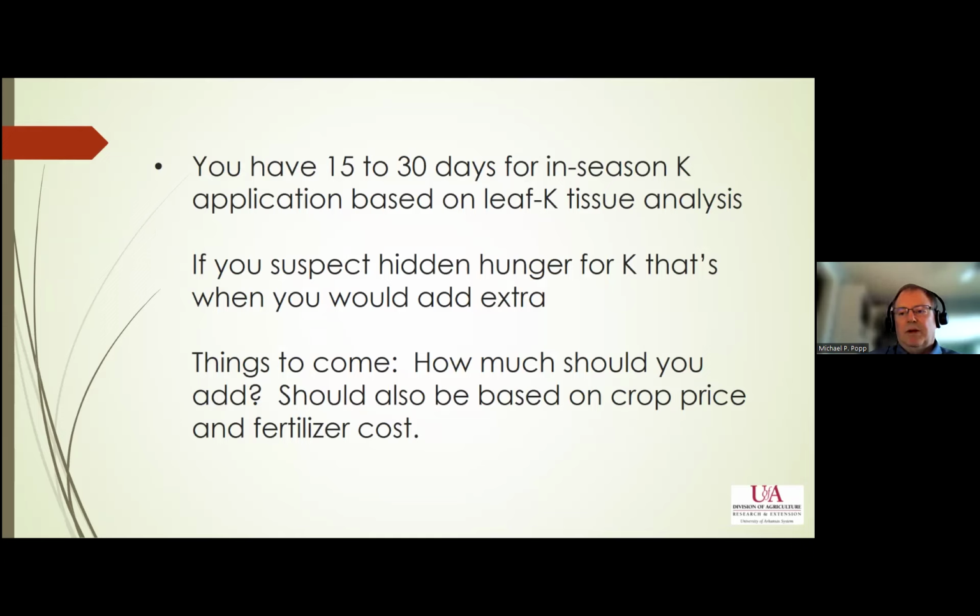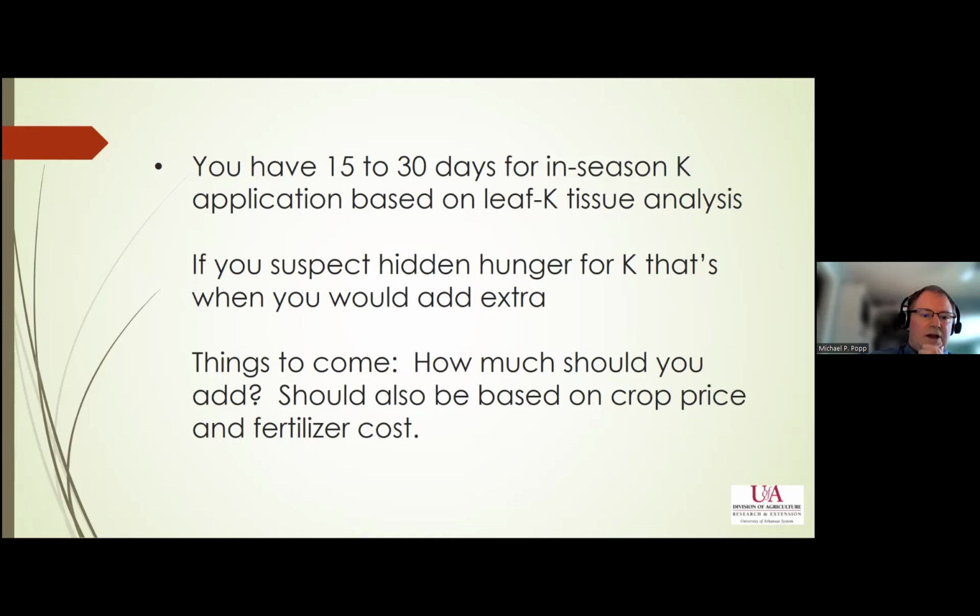And what are the ways to maybe then address a lower rate that you might have picked with the profit maximizing K rate, and finding some perhaps hidden hunger in soybeans? You might be able to address some of that hidden hunger with an in-season K application on the basis of leaf K tissue analysis.